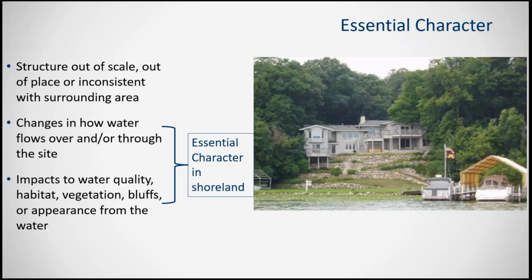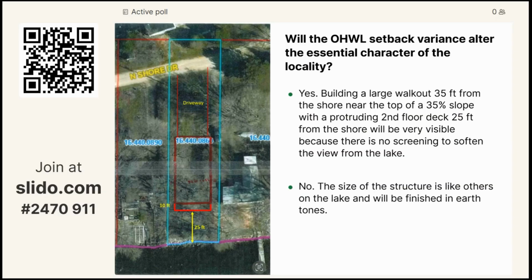Growing algae is certainly a characteristic of some lakes and is part of the essential character, but I think most people would prefer to not have it in their lake. So I think it's an important thing to consider. Let's think about these things and turn to our two questions.